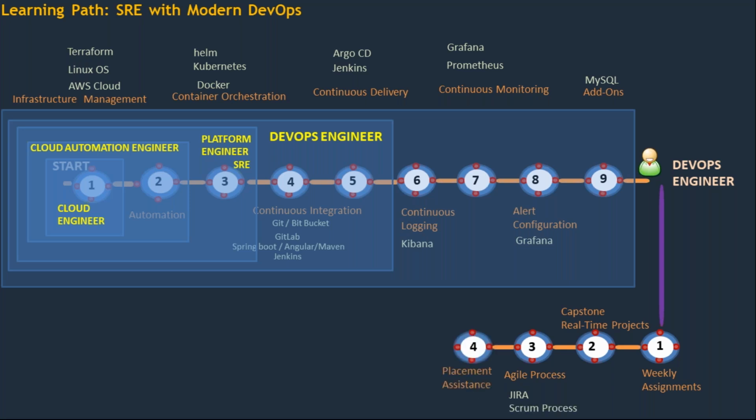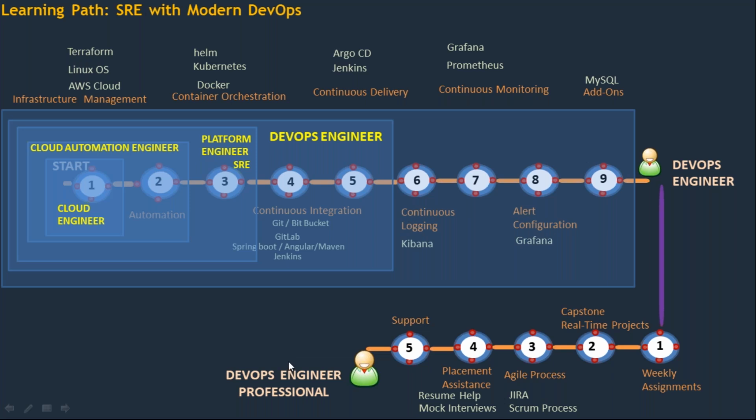All of that will be covered, along with resume help and mock interviews, which are part of the placement assistance, right? And you get support during the batch time for your technical queries. That's where finally the goal is that you become a DevOps engineer professional, which includes multiple different job roles as well.